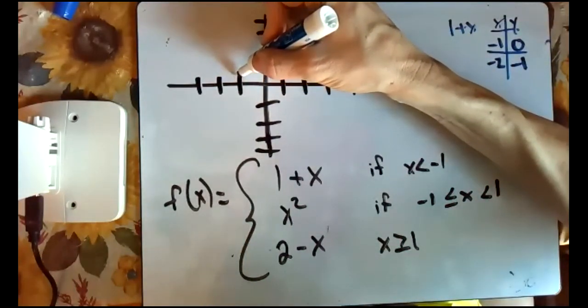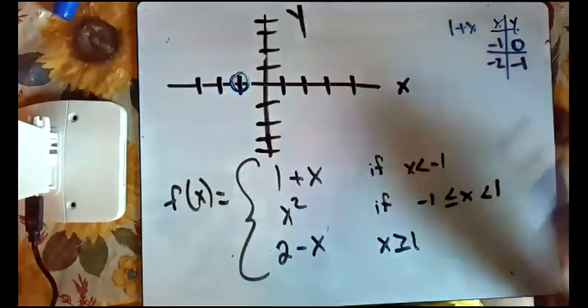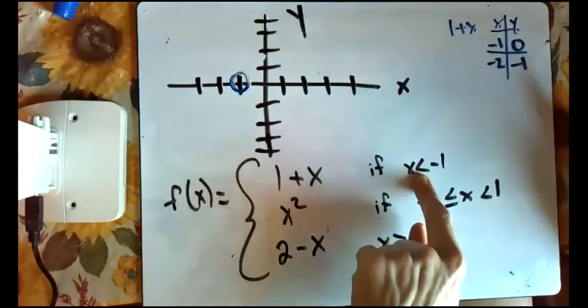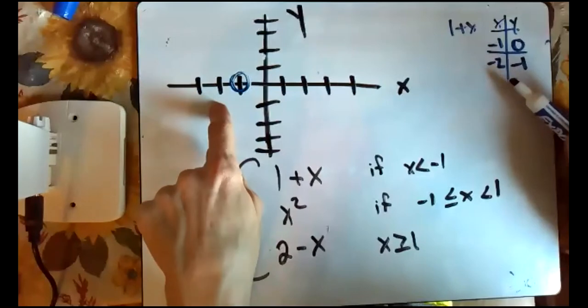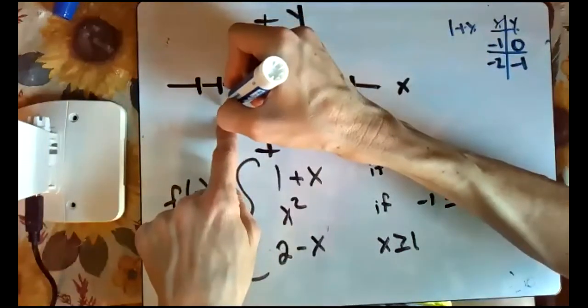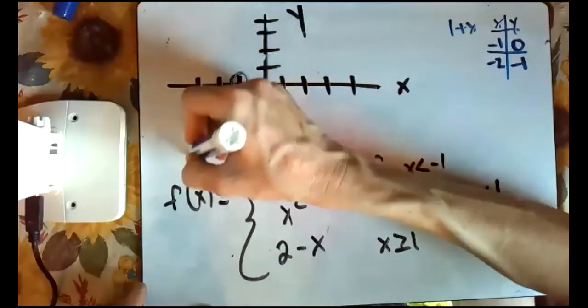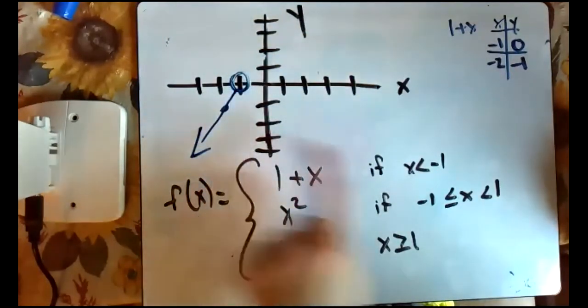But remember, you're not going to have a solid circle, you're going to have an open circle, because there's no bar underneath this inequality sign. And then when x is -2, y is -1, so we have a dot. But our graph is pretty much showing this. The reason I'm drawing an arrow right here is because there's nothing closing this off.